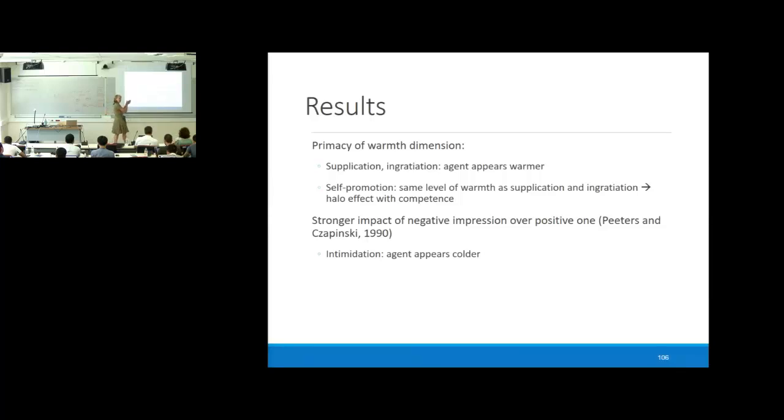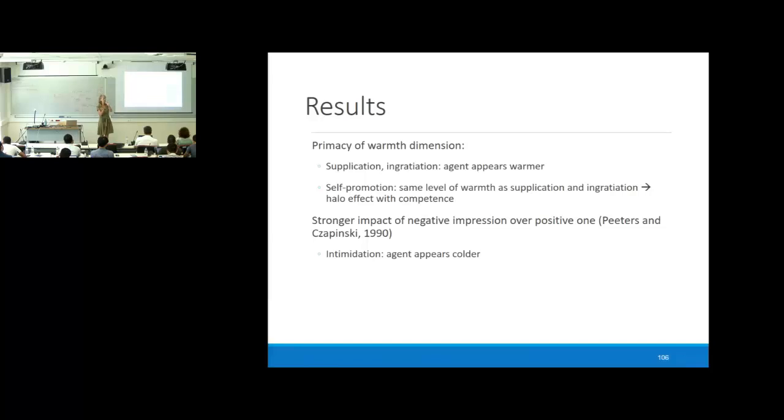You recall that in every condition, we ask participants to fill in how they perceive the agent along the warmth and the competence dimensions, even though we modulated only one. And it allows us to find how manipulating one dimension also affects the other.